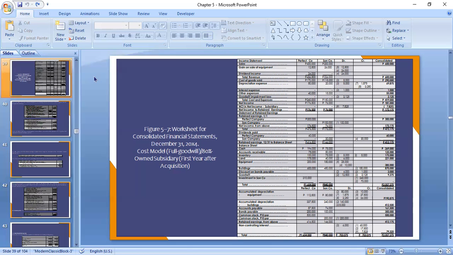Then finally at the end, we have to eliminate the common stock accounts, leaving only that of the subsidiary. The subsidiary's common stock will be eliminated.